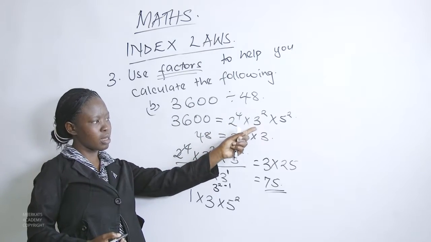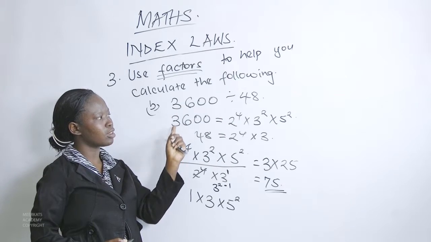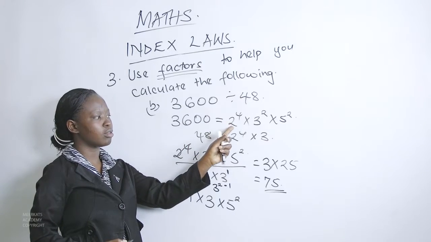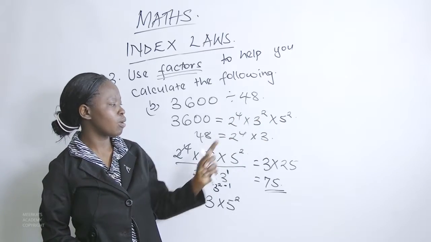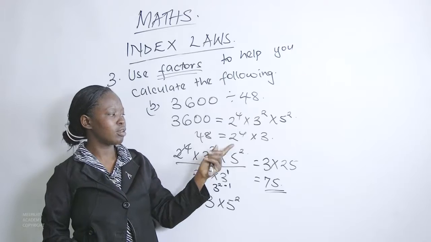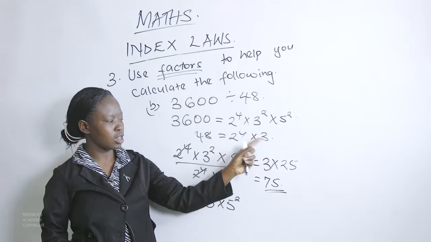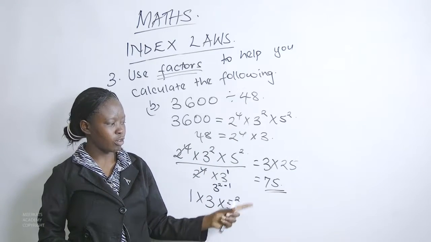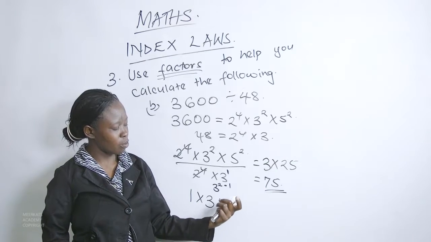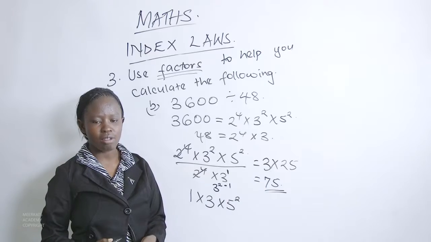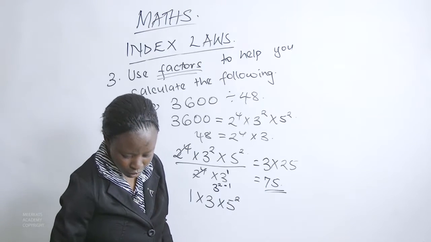So I have these bases, the factors that are making up 3,600, so that I have 2 to the power of 4, 3 to the power of 2, and 5 to the power of 2. Then 48 is 2 to the power of 4 times 3. Then we go ahead and simplify so that we come up with 1 times 3 times 5 to the power of 2, which gives us 75.